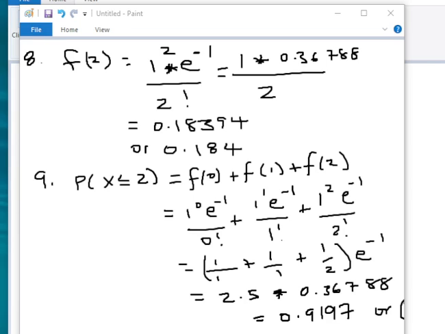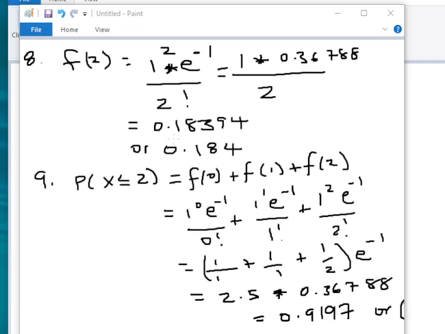Next, we want to find f of 2. So we're going to replace the x with a 2. So this is mu, which remains 1, raised to the power of 2, times e to the power of minus mu, which is minus 1, divided by x factorial, and x is equal to 2. And this is what we have as our expression.